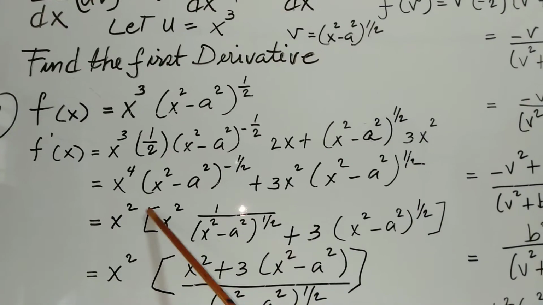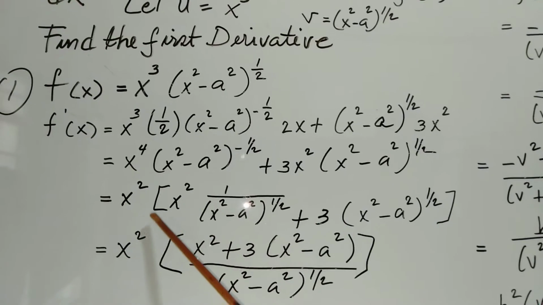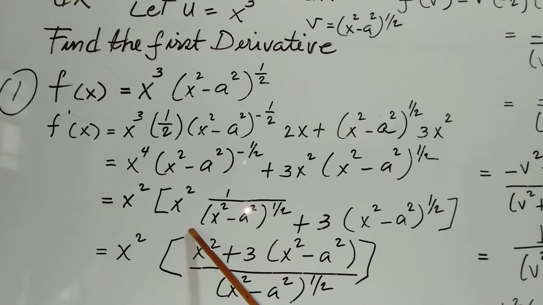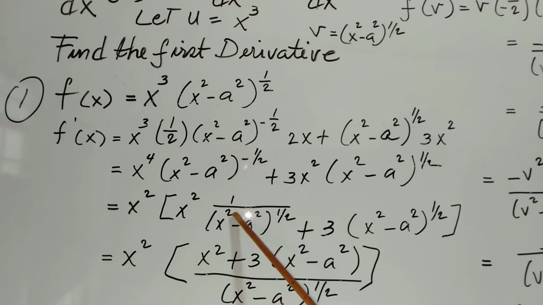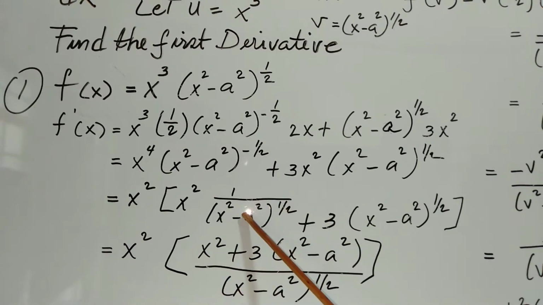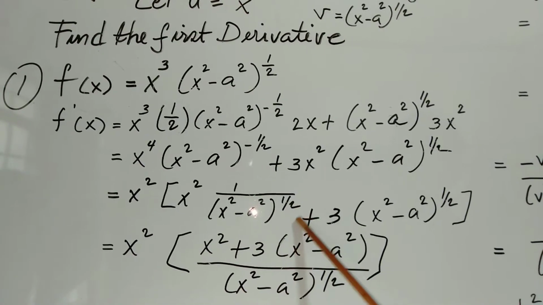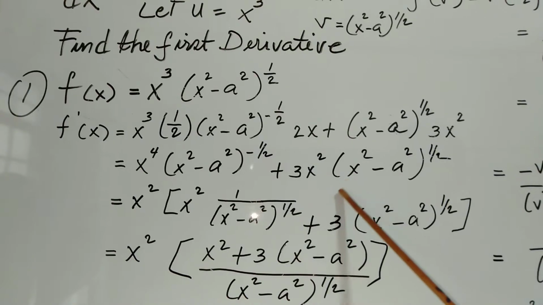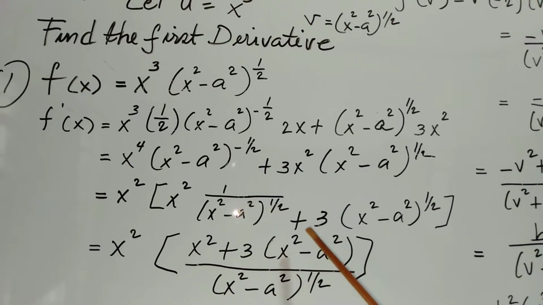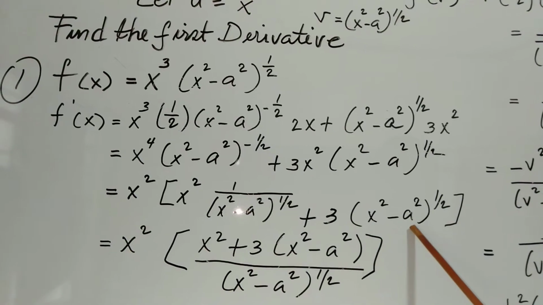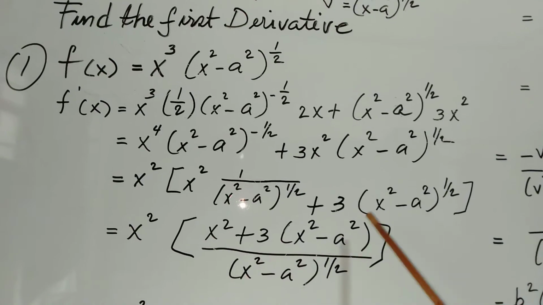So we factor out for this polynomial here, x squared. So x squared times the bracket. So we bring this down to the denominator and change the sign. So 1 over x squared minus a squared raised to positive 1 half, plus this term here. Since we have factored out x squared, what remains is 3 times the quantity x squared minus a squared raised to 1 half. So just continue.